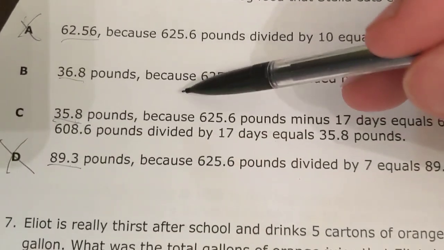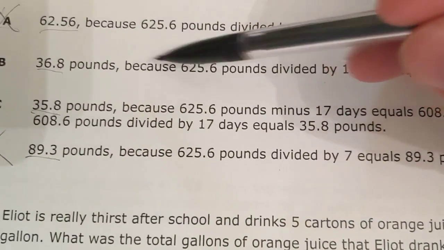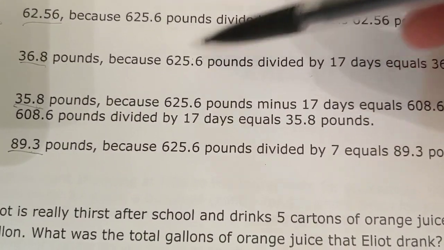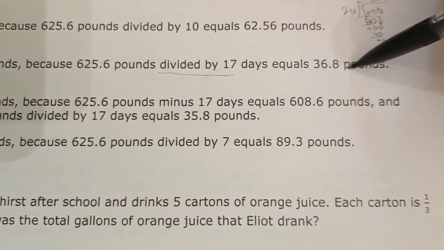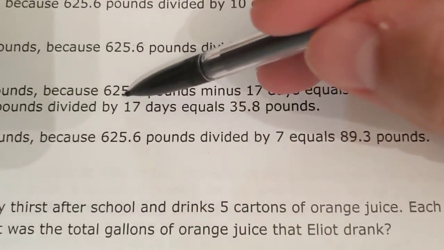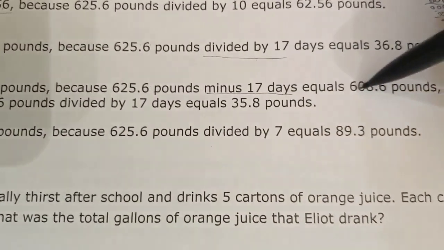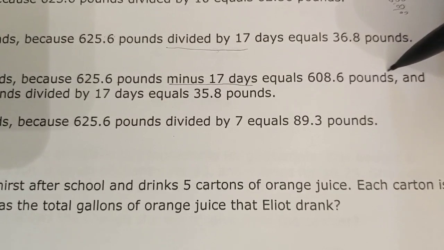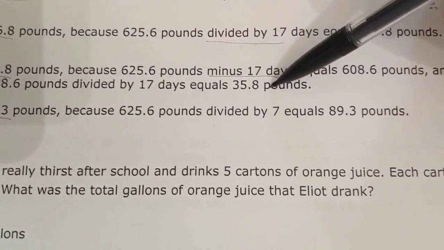Now the good thing about this question is that it gives you reasons why. So read the reasons. This one says that it's because 625.6 pounds divided by 17 is equal to 36.8. This one tells you that 625.6 pounds minus 17 days is equal to 608.6 pounds, and 608.6 pounds divided by 17 equals 35.8.